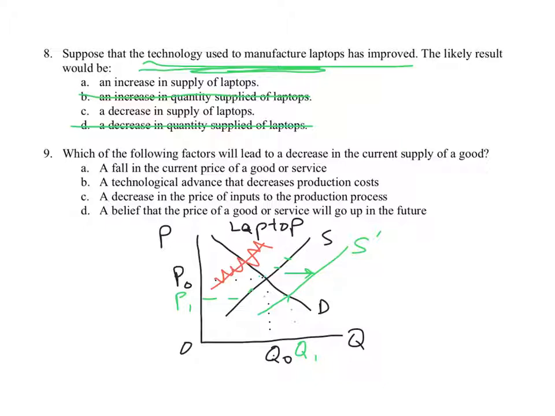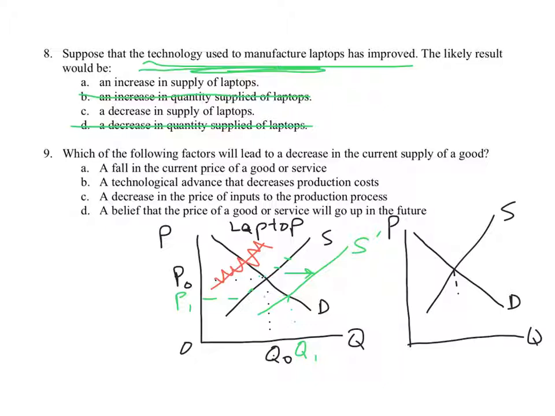So which of the following factors will lead to a decrease in the current supply of a good? This is an interesting one because one of the really important determinants of both functions, supply and demand, is the expectations of buyers and sellers of prices and quantities in the future. And this is especially true for non-perishable goods.